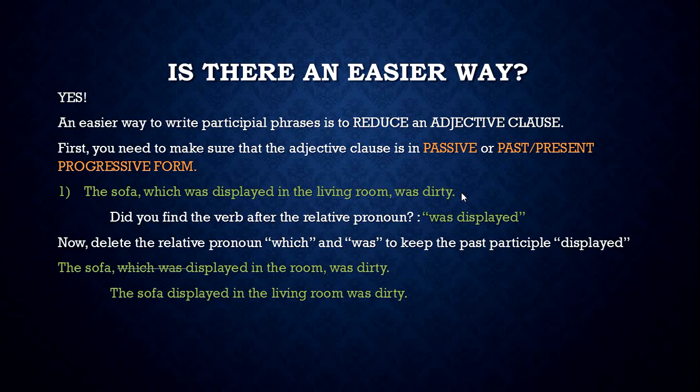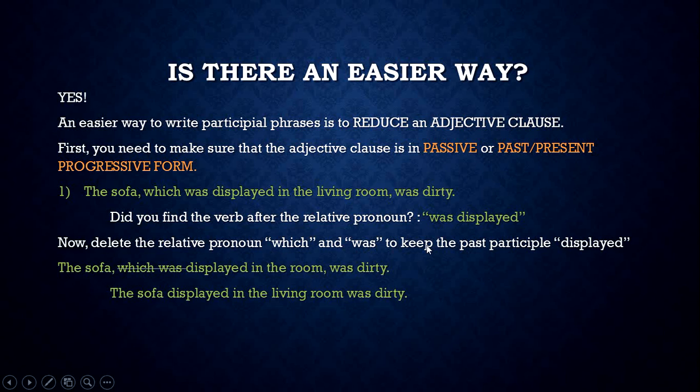The sofa, which was displayed in the living room, was dirty. So if you notice, this is written in passive form, and it's an adjective clause. We have which. Right, this is my verb. Now, to make it into a participial phrase, I delete the relative pronoun which, and I also delete was.